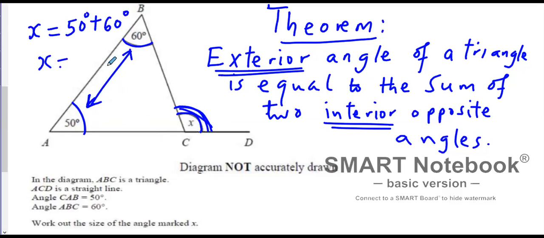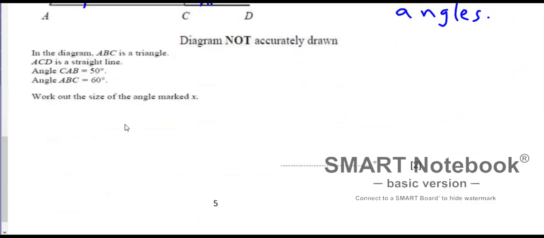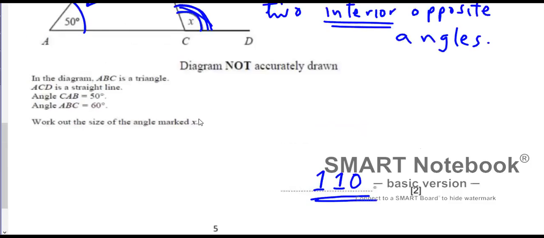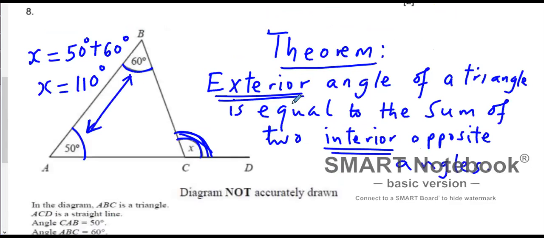When you add those two numbers, you get 110 degrees. So the value of X there will be 110 degrees. All right, I think that helps. You can pause the video and copy this theorem and the working to support your answer.